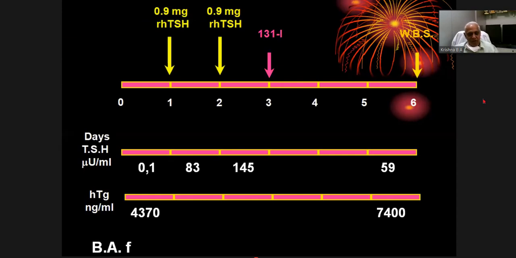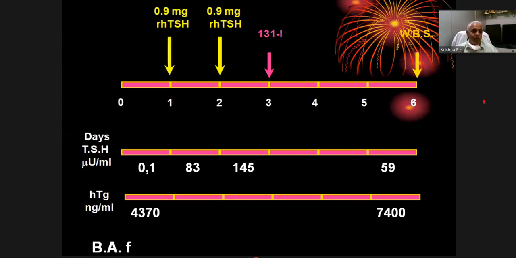So on an average, this is the TSH you get when you inject this, and the thyroglobulin along with the TSH also rises. Now this raised TSH remains at that level for about a week. After that, it comes down. So whatever we would like to do, we need to do during this 1 week when the TSH is high.